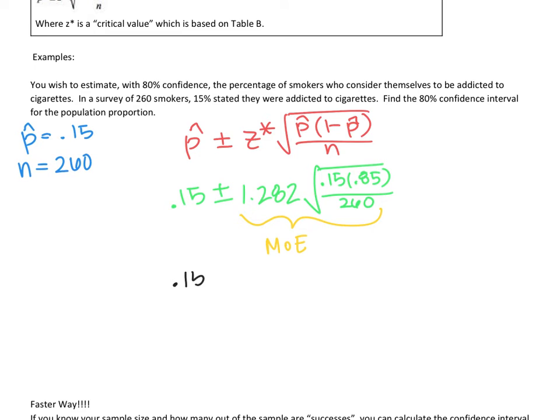So we'll have 0.15 plus or minus, and I'm going to do all of the multiplication in one step here, 0.028. So 0.15 minus 0.028 is 0.122, and 0.15 plus 0.028 is 0.178.